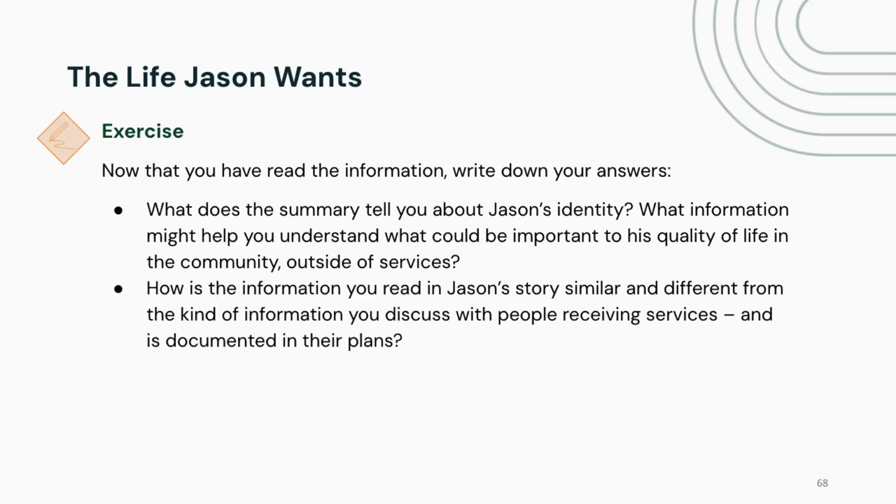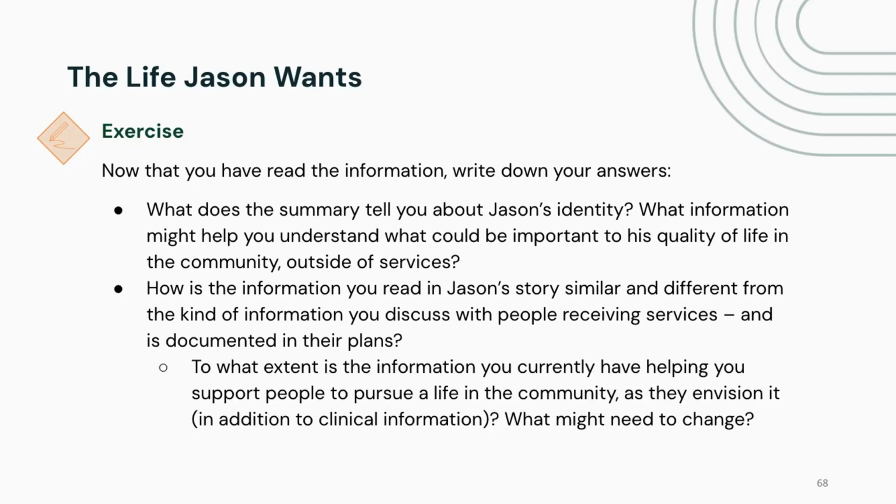How is the information you read in Jason's story similar and different from the kind of information you discuss with people receiving services and is documented in their plans? To what extent is the information you currently have helping you support people to pursue a life in the community as they envision it, in addition to clinical information? And what might need to change?